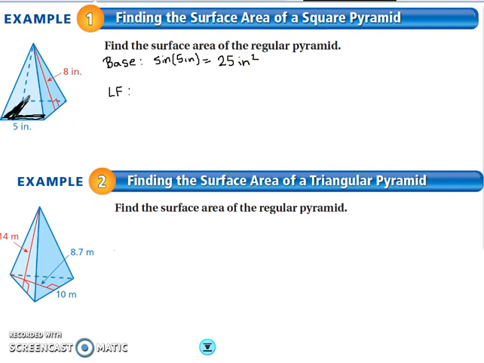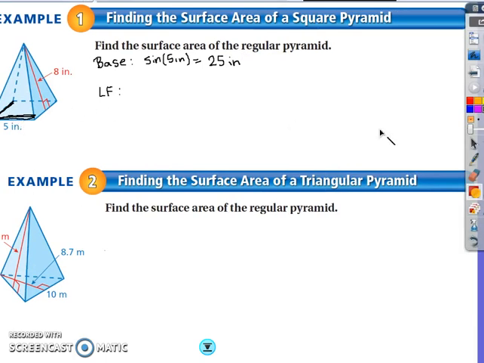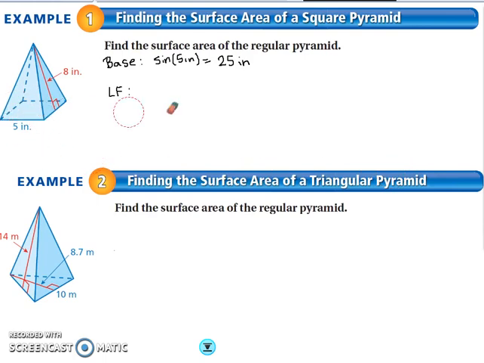So far, I've determined the area of the bottom. But now I need the area of each of the triangles making up the lateral faces of my pyramid. To find the area of those, I notice that the shape is a triangle, and the area of a triangle is 1/2 times the base and the height of the triangle. Base and height always meet at a 90-degree angle, so I see the 90-degree angle of the triangle here.